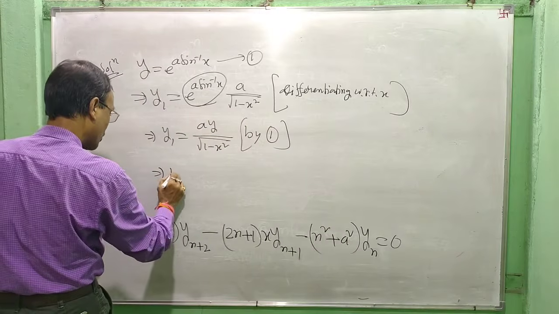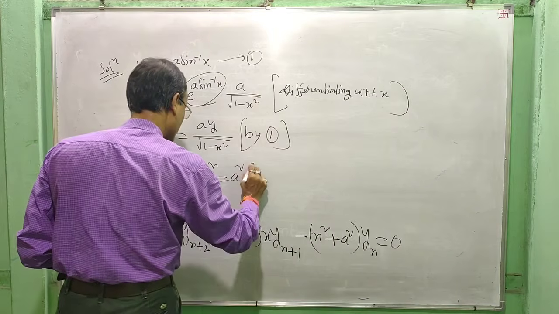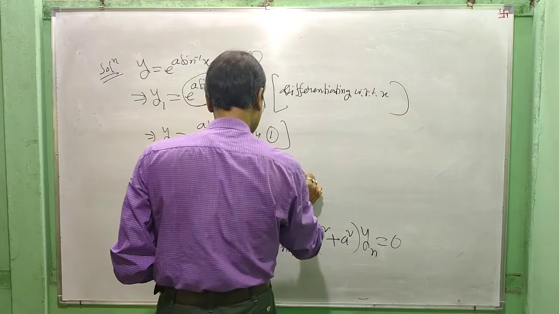This means 1 minus x square y1 square is equal to a square y square. Suppose this is number 2.